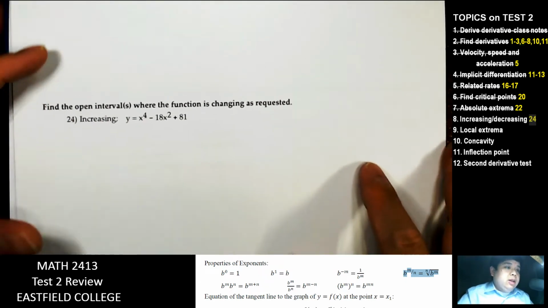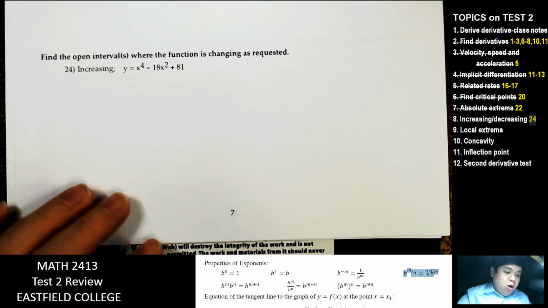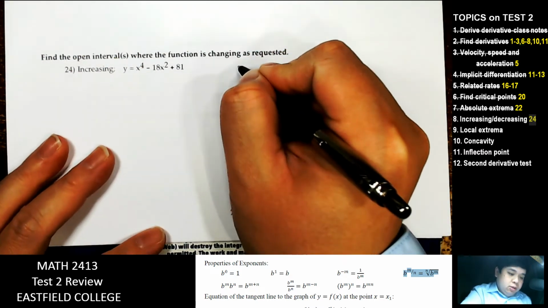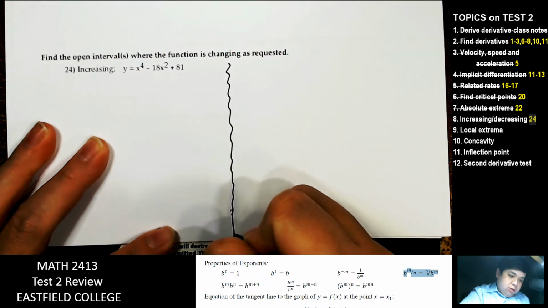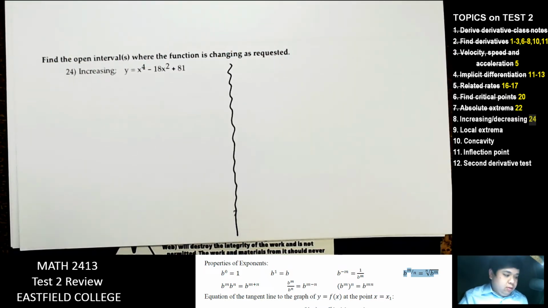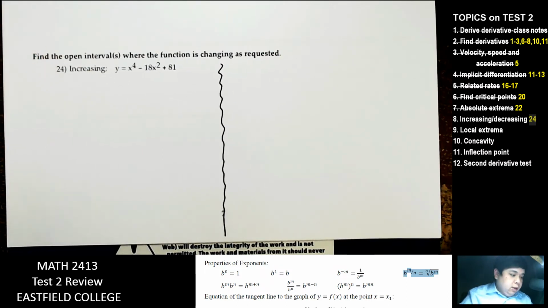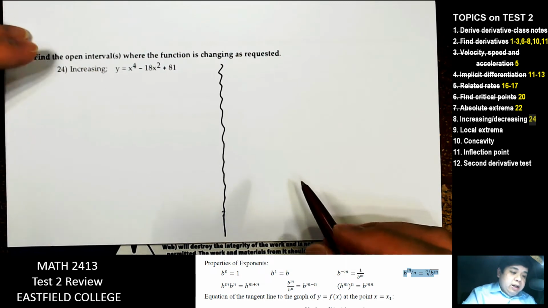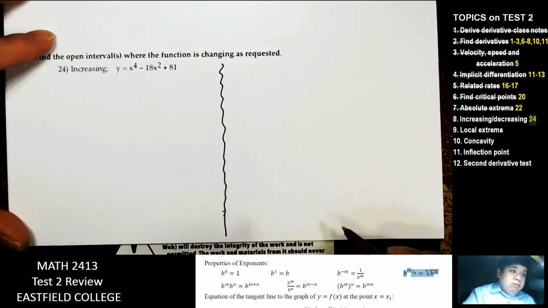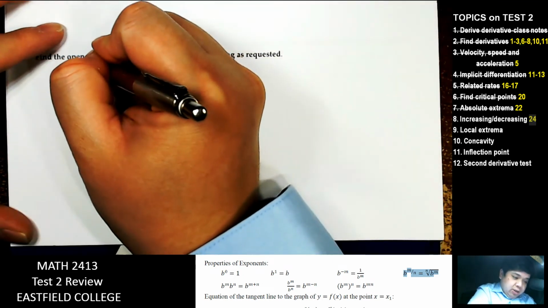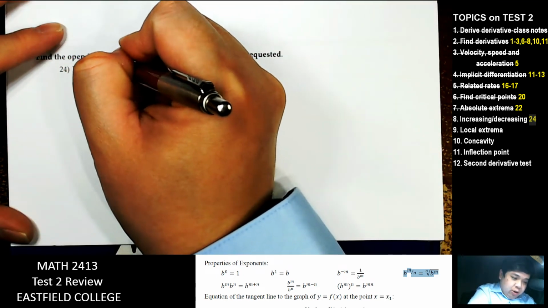Most of this problem has two parts. The first part is take the derivative and find the critical points, and the second part is find where it is increasing or decreasing. The question asks for the interval.